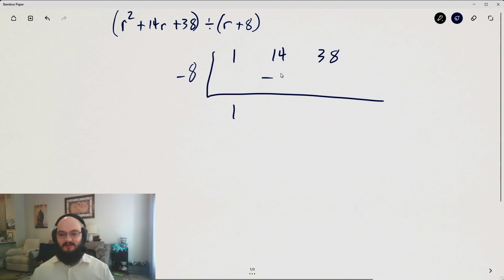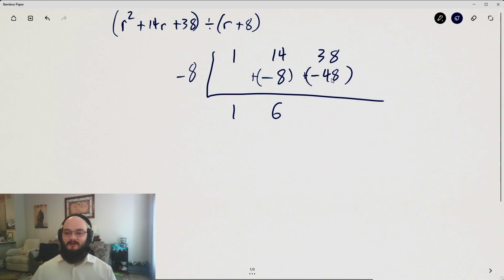Negative 8 times 1 is negative 8. We add these two numbers together. So 14 plus a negative 8 is a positive 6. Multiply these together, get a negative 48. Add these together. 38 plus negative 48 is negative 10.